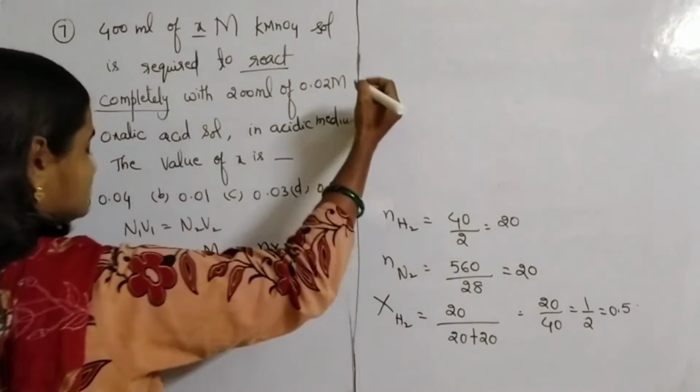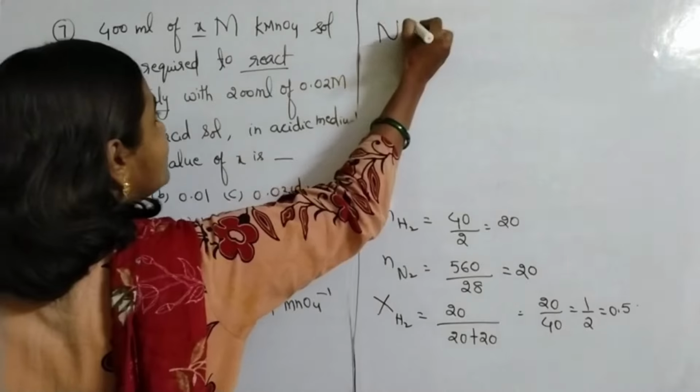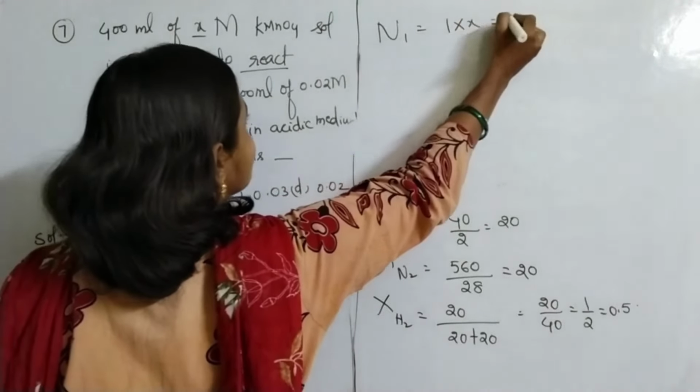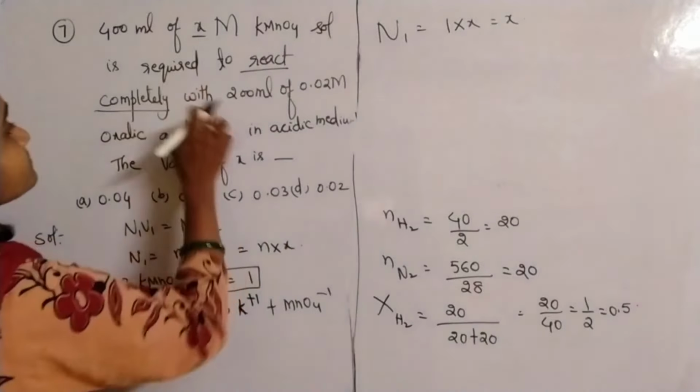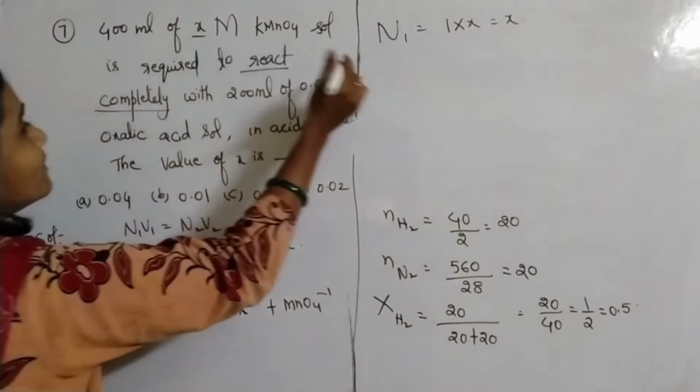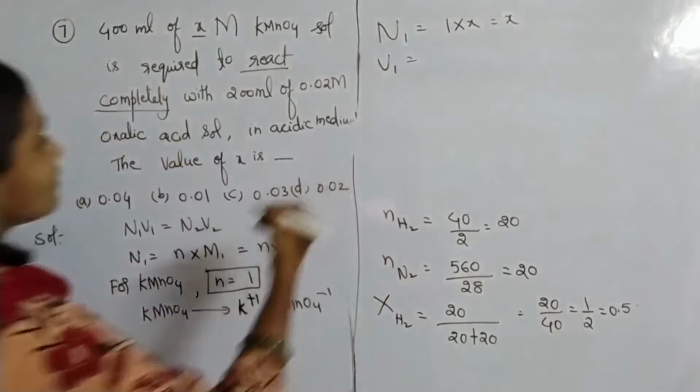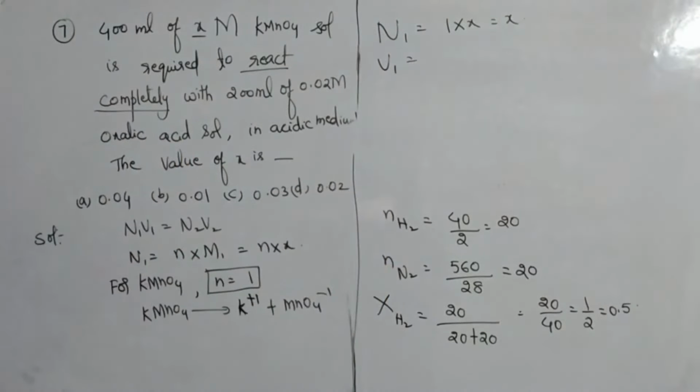So N1 will become 1 into X, which is equal to X. Now you have to find that value of X only. And volume is given how much? 400 ml. V1 is given as 400 ml of X M.